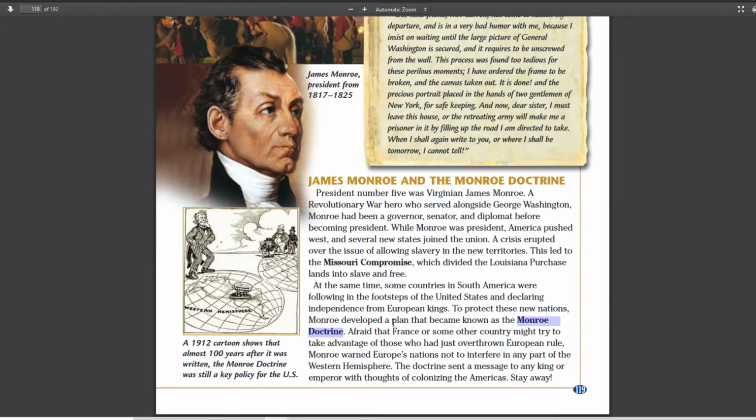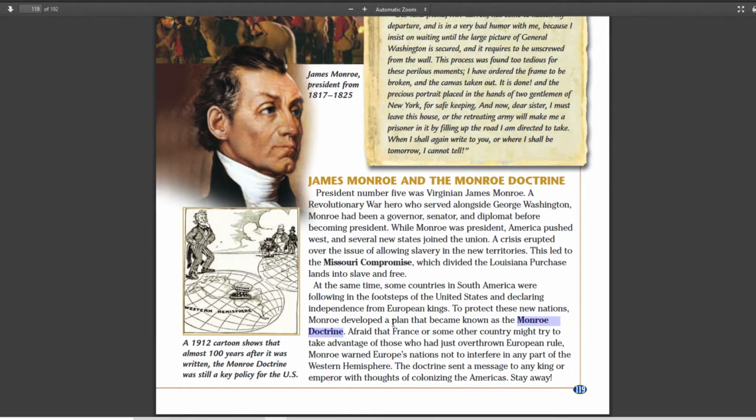So, you can't interfere with the Western Hemisphere. You do what you want in Europe and Africa and Asia, whatever. But the United States of America is going to watch over North and South America. This is our domain now. And once we get respect after the War of 1812, this is something that can be done.